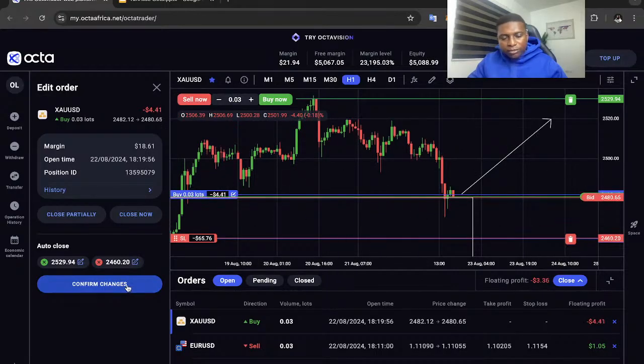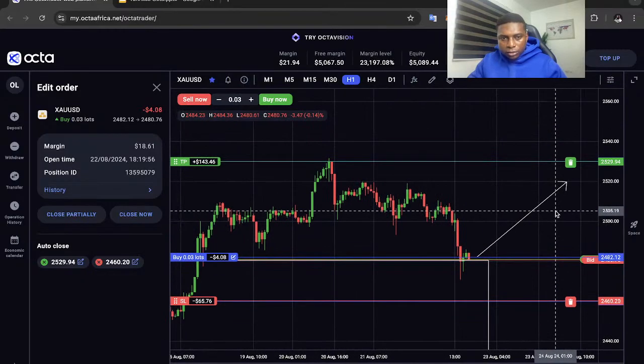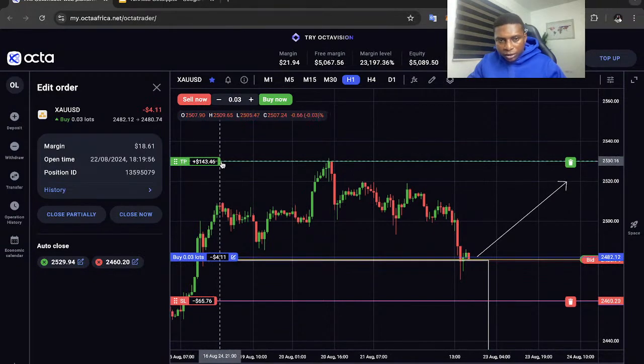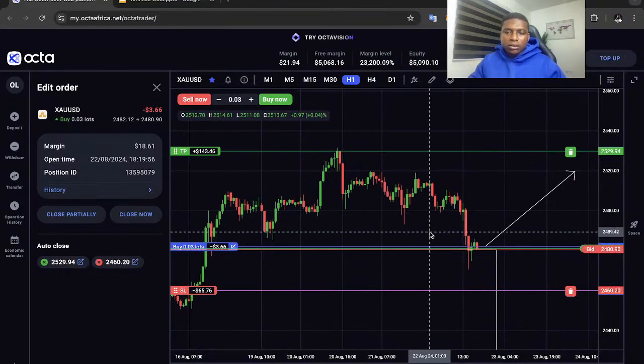Then we confirm these changes. Boom, our orders are set, and we are set to win. If this goes in our favor, we close on $143. If this goes against us, we close on a minus $63.